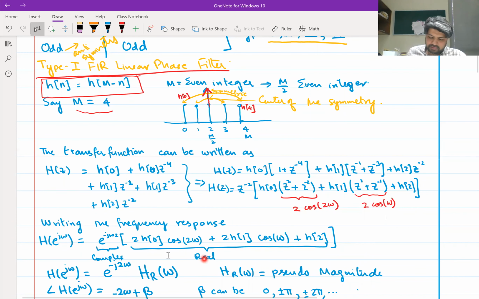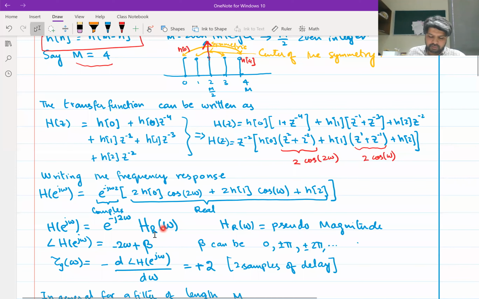So we call this response hr of omega. We do not call it the magnitude of h of e to the power j omega because the real function can be negative, और जब नेगेटिव होगा तो वो प्लस माइनस पाई की जंप्स ले सकता है, ठीक है?